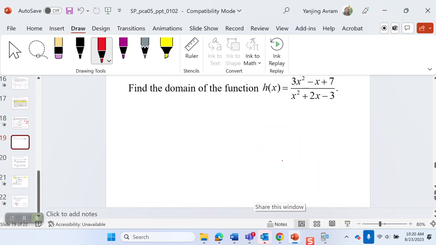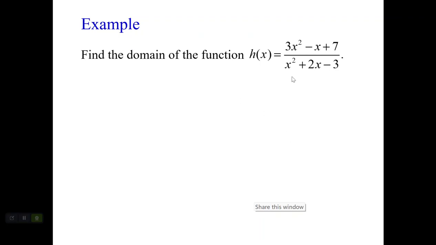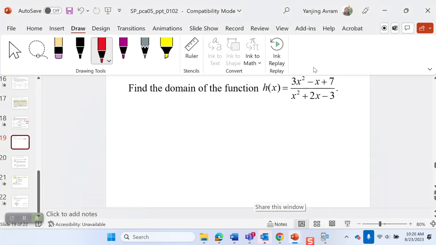All right, some denominators will be a little bit more complicated, but the concept is still the same. How do we find the domain for this function h of x equal to this whole thing? All right, so the concept here is that my entire denominator cannot be 0, right?